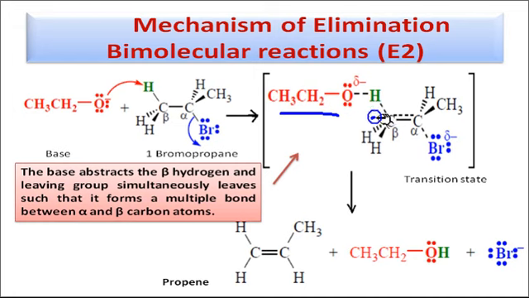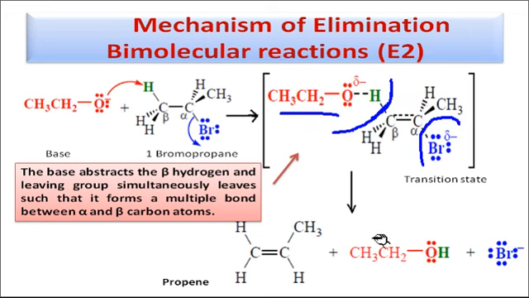This removes the beta hydrogen, and the leaving group simultaneously leaves from here. So in the single step, both the processes are carried out, in which the leaving group leaves from here, and from the beta carbon atom the hydrogen is extracted by the base. So both of these atoms are eliminated in the single step and the transition state is formed like this.